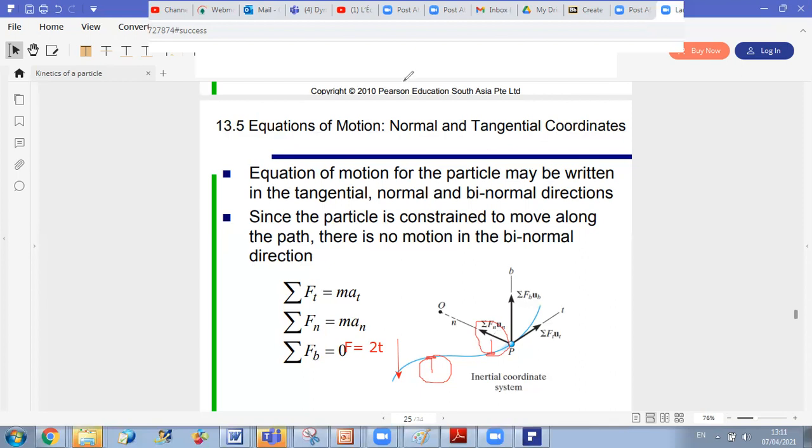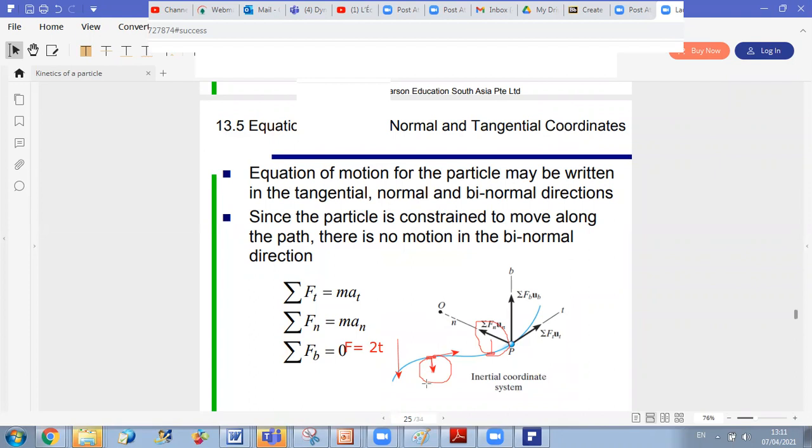So when I was here, for example, ut was tangent to the path, so it's perpendicular to the radius, while un was directed toward the center of rotation or center of curvature. So this is my un and ut, of course not to scale, they are unit vectors. So we can say that at each instant un and ut represent the plane of motion.